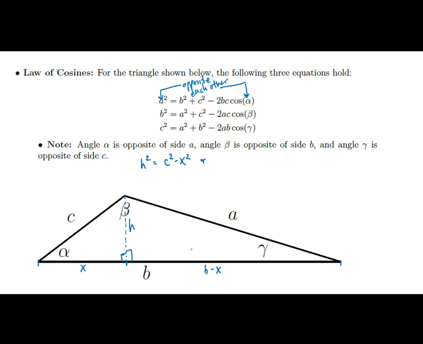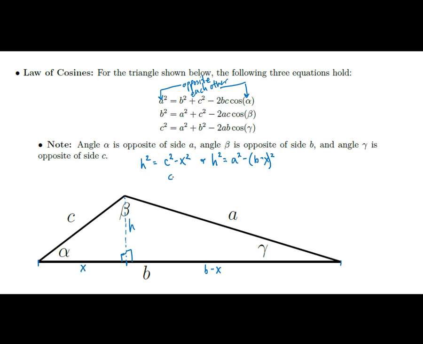And I also know, if I just look at this triangle down here, that h squared is equal to a squared minus b minus x squared. Well, if both of those things are equal to h squared, then of course they're equal to each other.